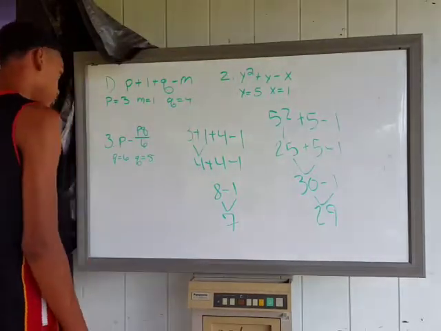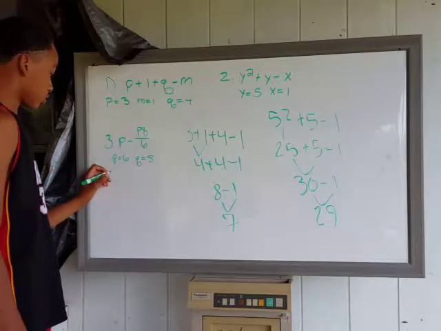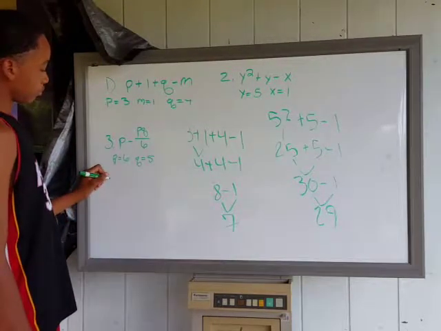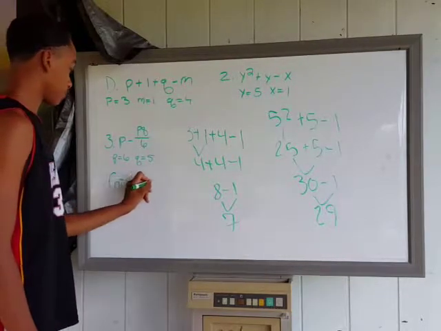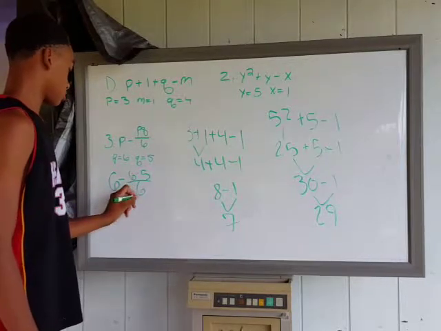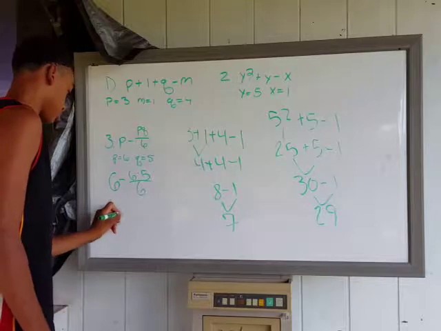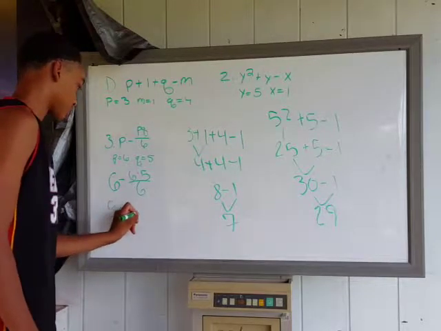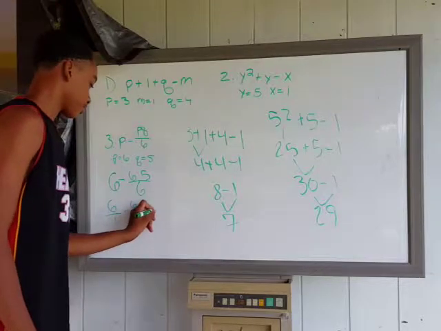And 3 is P minus P times Q over 6. So P equals 6 and Q equals 5, which would really be 6 minus 6 times 5 over 6. So you could change the equation to 6 over 1 minus 6 times 5 over 6.